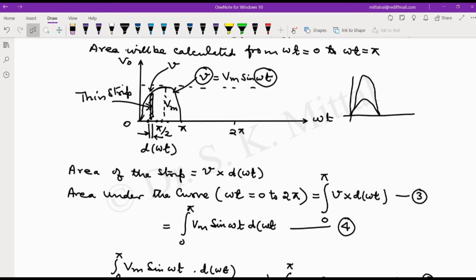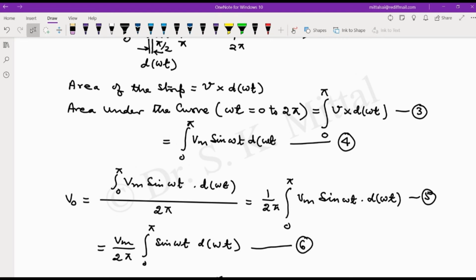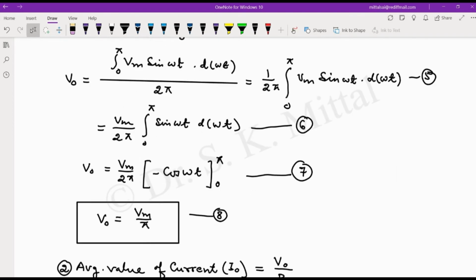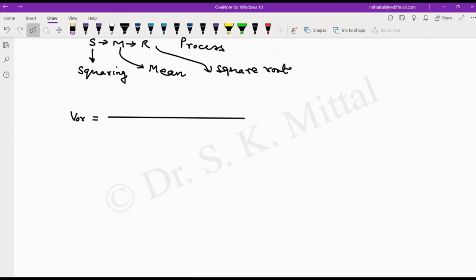So therefore we will square this Vm sin omega t, keeping the other values the same. So therefore, integral 0 to pi of Vm sin omega t squared. Only the voltage value is squared, multiplied by d omega t.